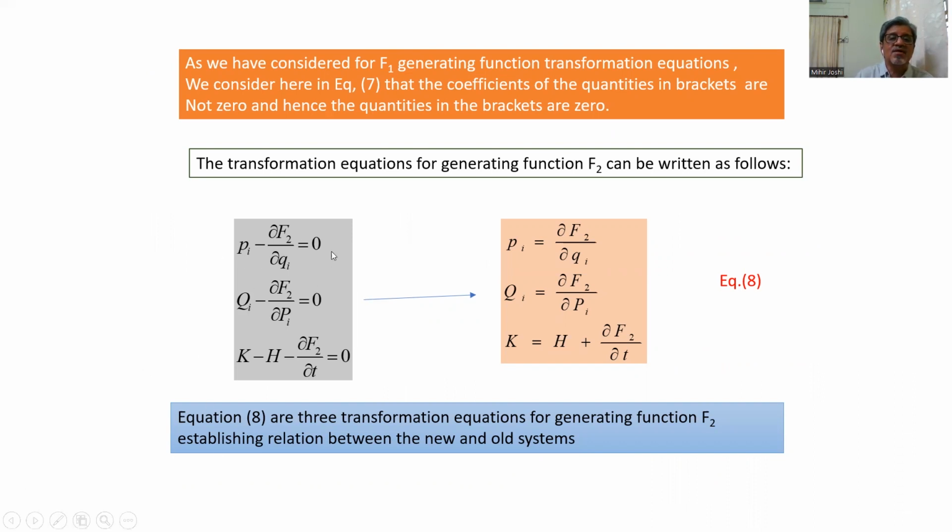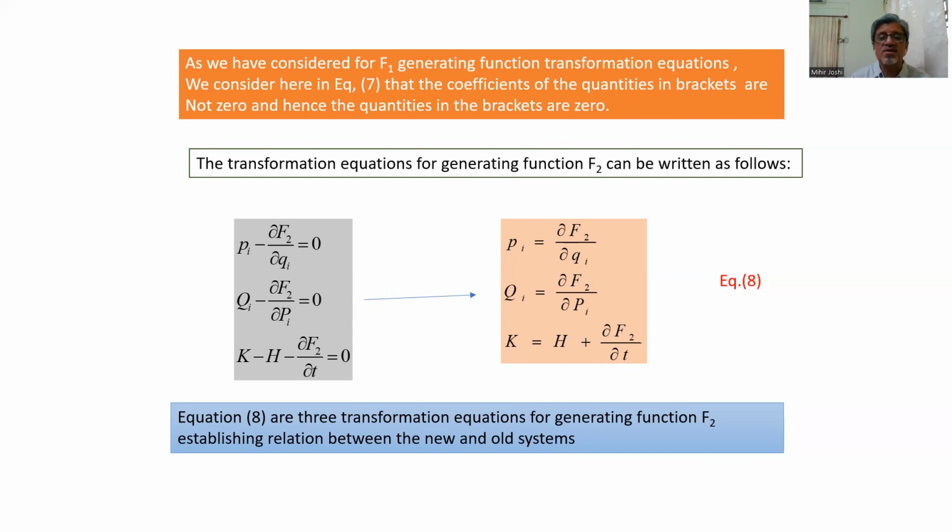So these are the quantities given in the bracket, and from that we have written that pi is equal to del f2 by del qi, capital qi is equal to del f2 by del pi, and the last one is k is equal to h plus del f2 by del t. So this is equation number 8. There are 3 transformation equations for generating function f2, establishing a relation between the new and old system.